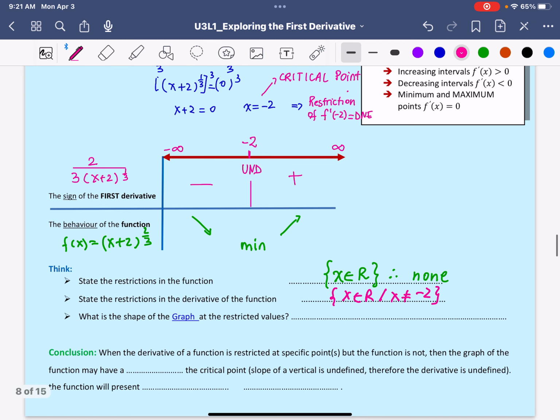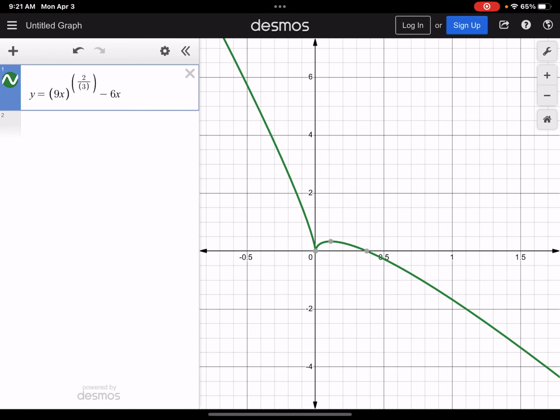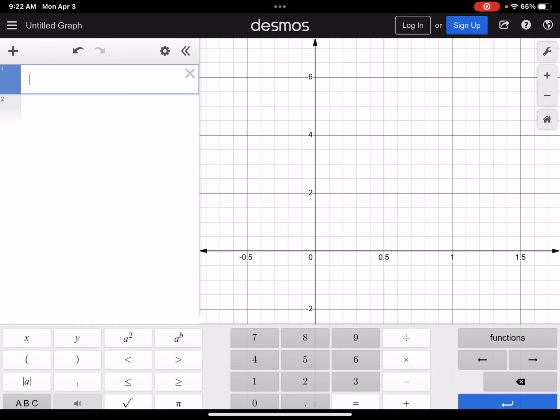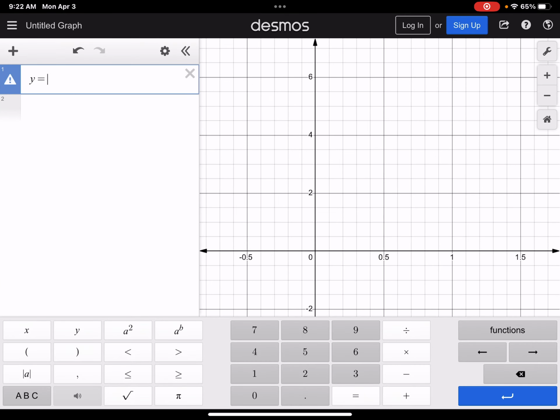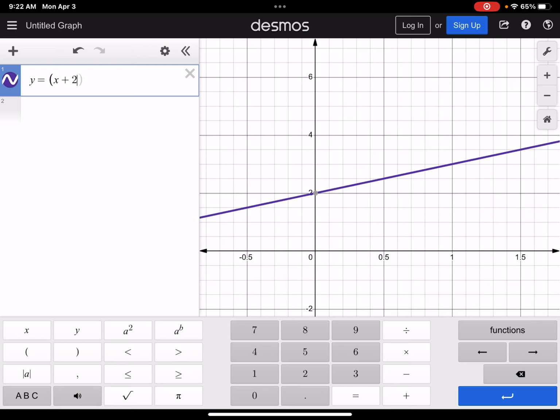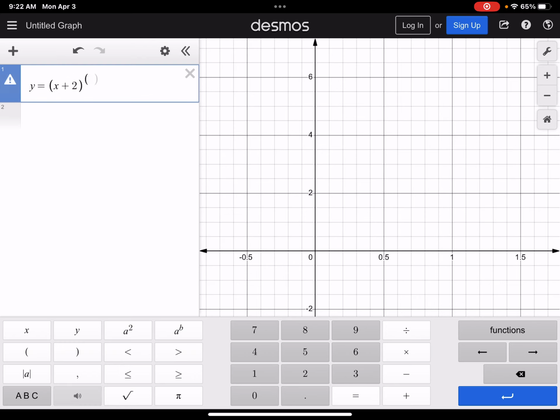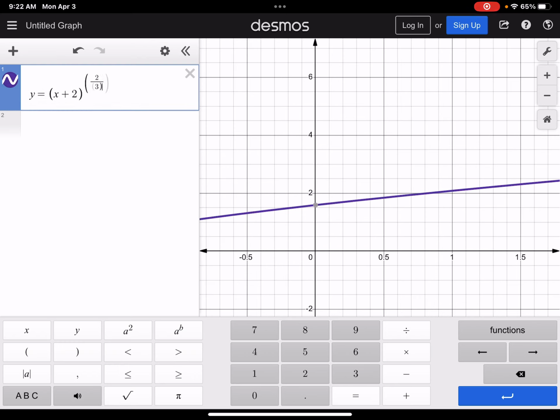So what is going to happen to the graph of the function at the restricted values? Let's take a look at Desmos and draw the graph of this function. So we have y equals, open brackets, x plus 2, close brackets, to the power of 2 over 3.